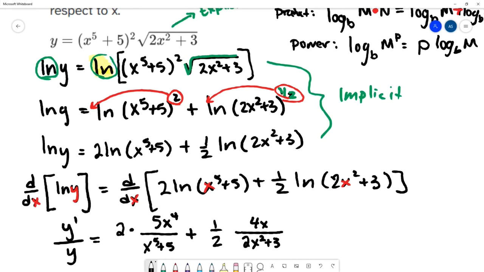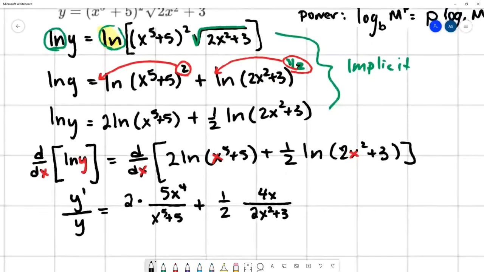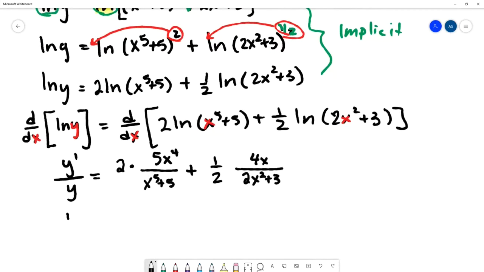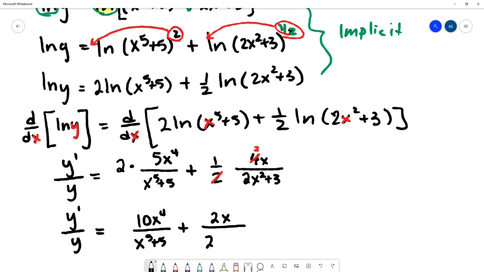So I'll do a little bit of algebra cleanup here. And I have y prime over y. That's 10x to the 4th over x to the 5th plus 5. And I can cancel. This 2 goes into 4 2 times, so this becomes 2x over 2x squared plus 3.